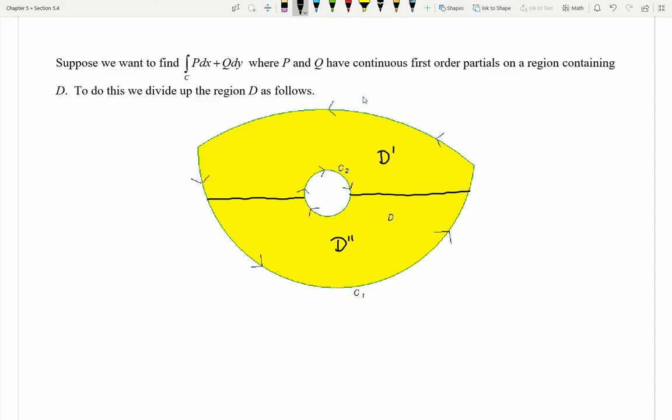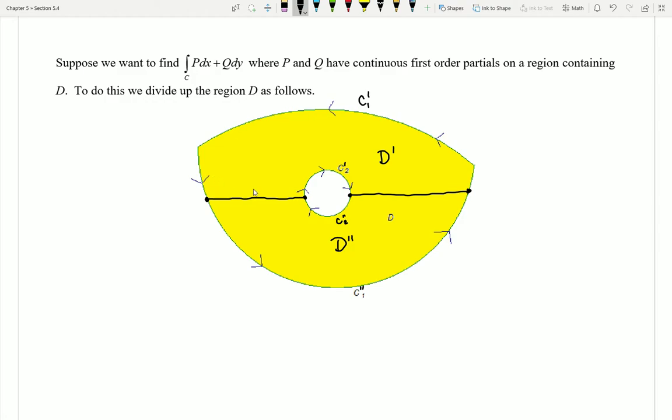I'll refer to this top portion as C1 prime, and this bottom portion as C1 double prime. Similarly, I'll change this C2 to be C2 prime, and this bottom portion to be C2 double prime. So notice I'm dealing with these distinctions and separations that happened once I introduced these lines.